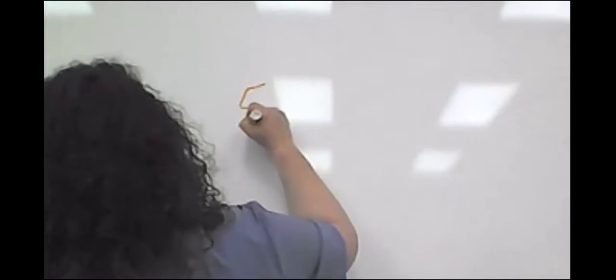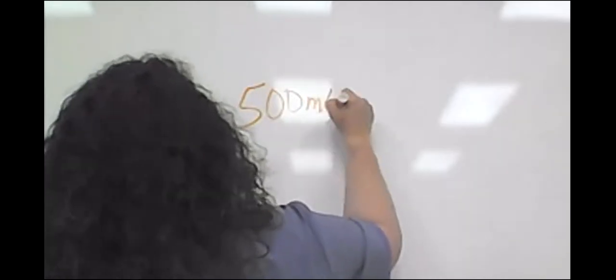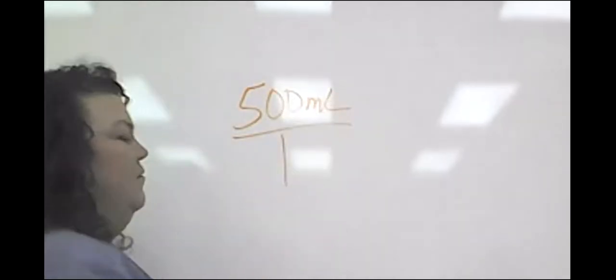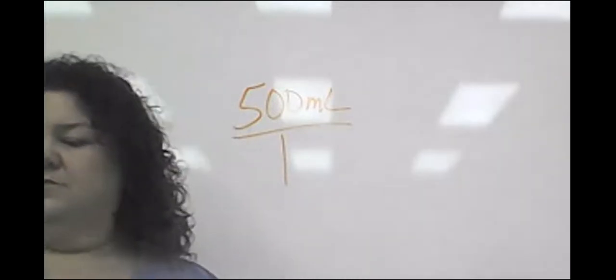So let's just start with what we have based on what they're looking at. We have a patient that is set to get a 500 ml infusion. So there is your quantity, 500 ml. That's your starting amount. We're going to set that over 1.